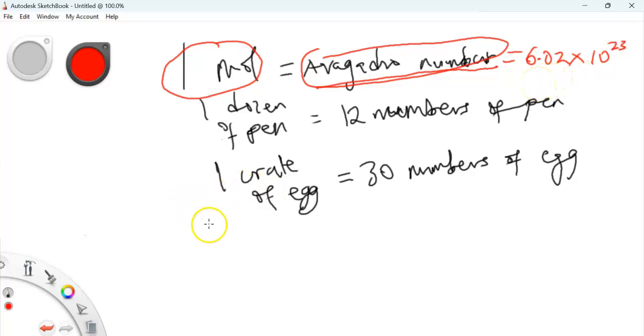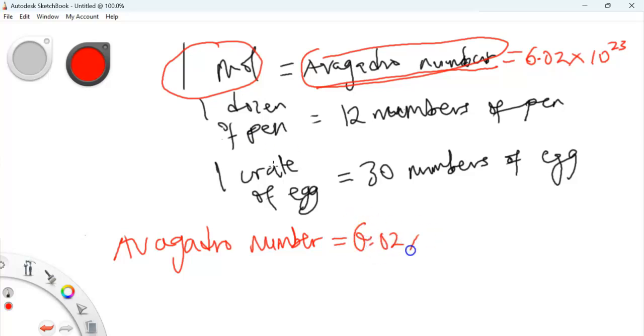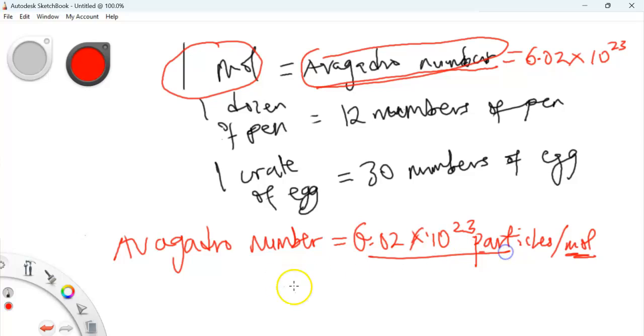And the unit, if you want to write it, just know that the Avogadro number, the value is 6.02 times 10 to the power of 23. The unit for it is particles per mole, like every 1 mole contains these particles.